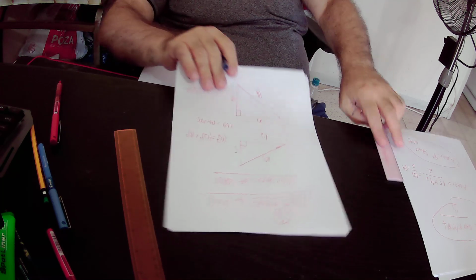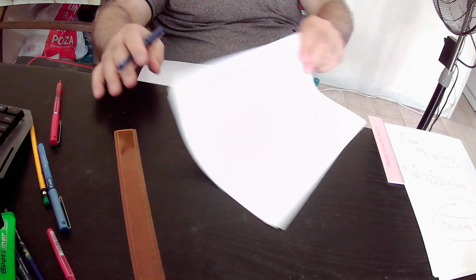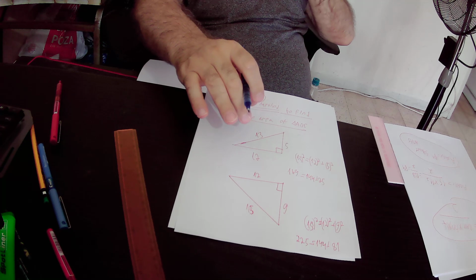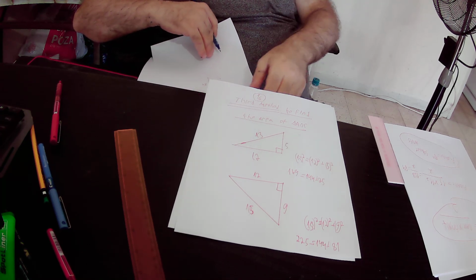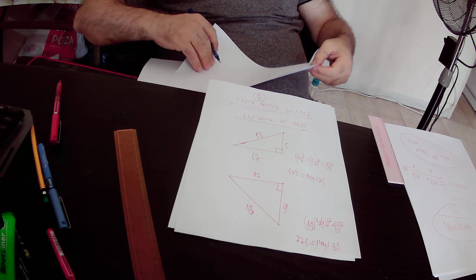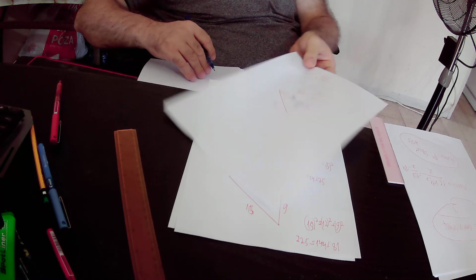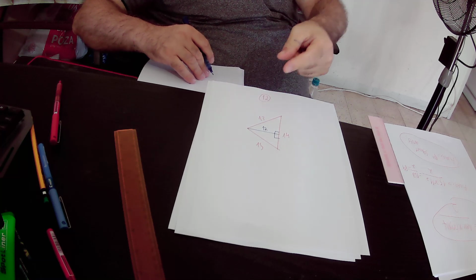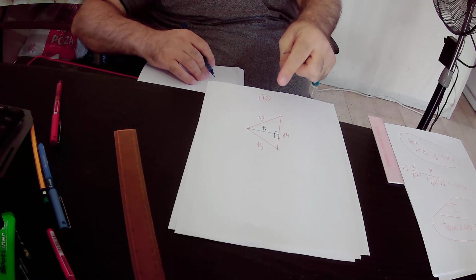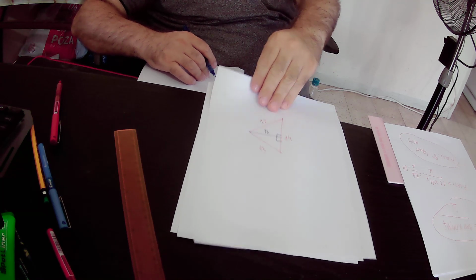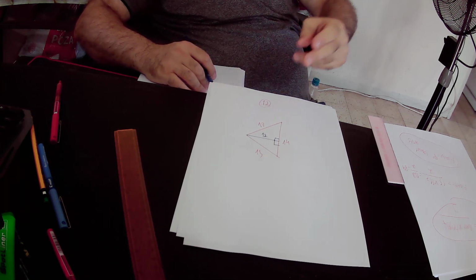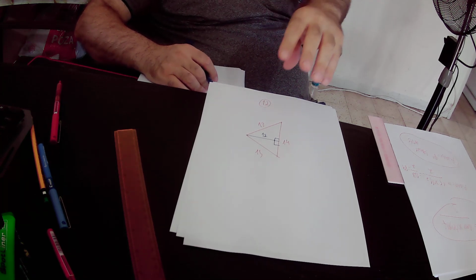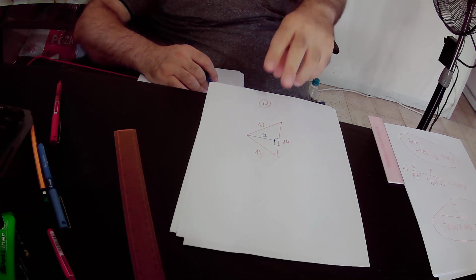Again, if we combine these two right triangles together, we will get the original triangle. So this is the triangle that we get after we combine these two triangles together. So this is the original triangle ABC.